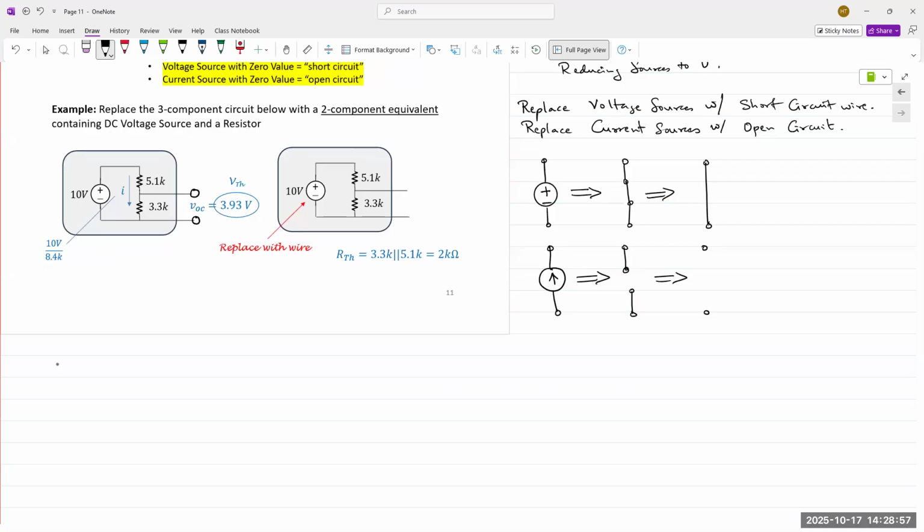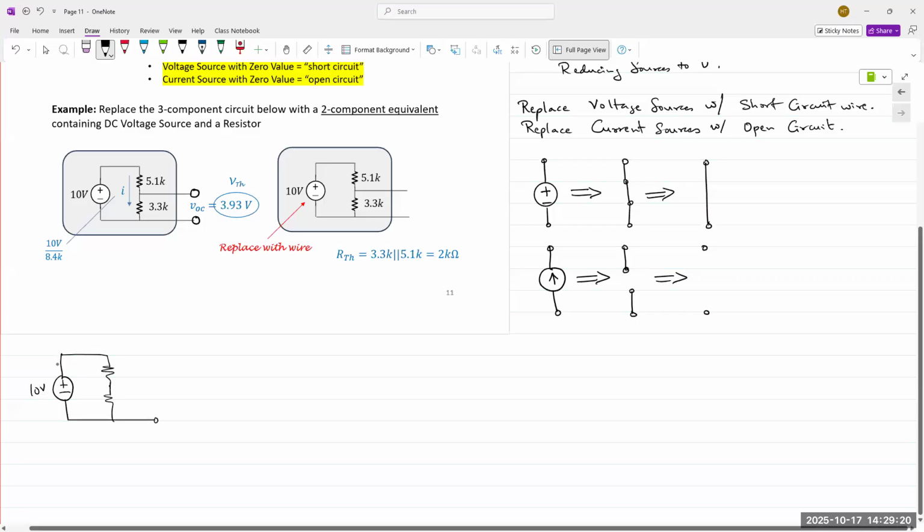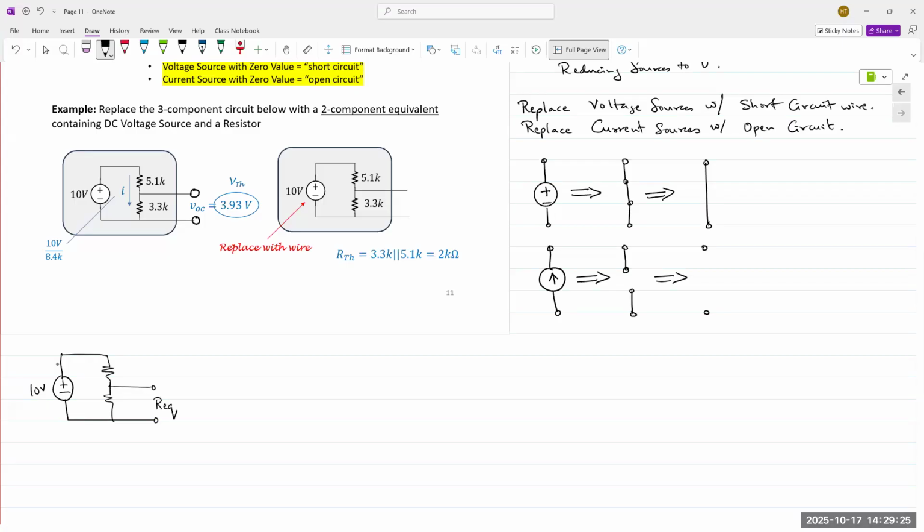Okay. So my circuit is this. I have a 10-volt source. We have 2 resistors in there. And I'm trying to find REQ between these 2 points, right? Those are my measurement terminals or terminals of analysis. This is where I'm trying to calculate my REQ.